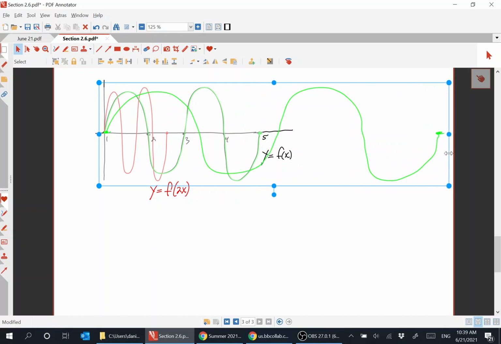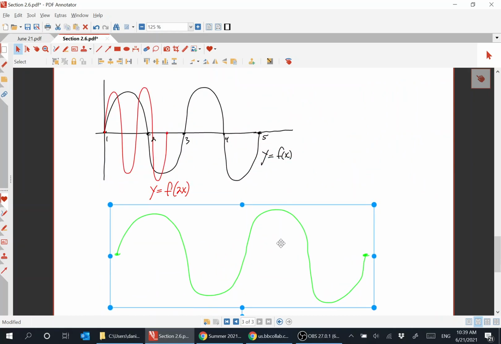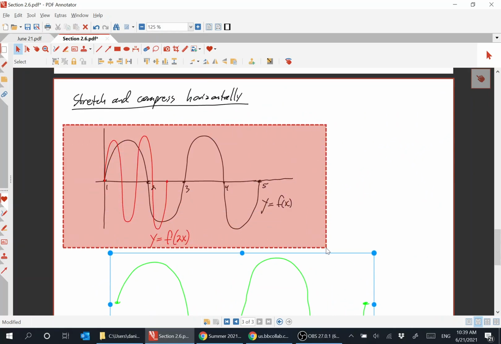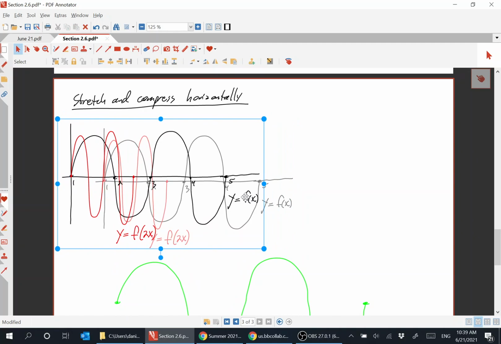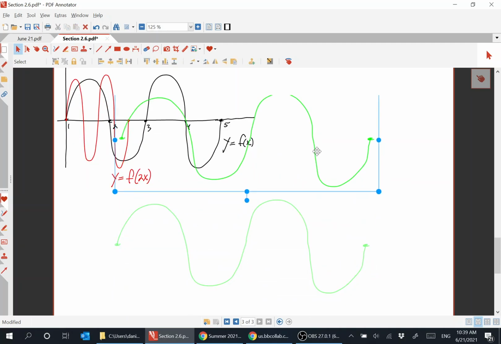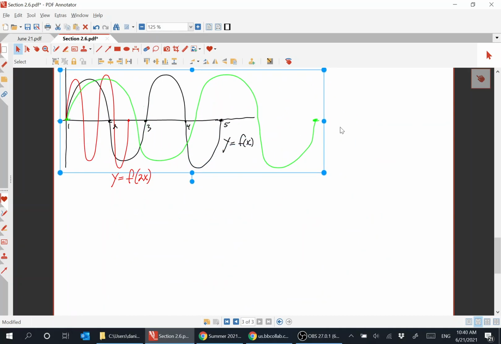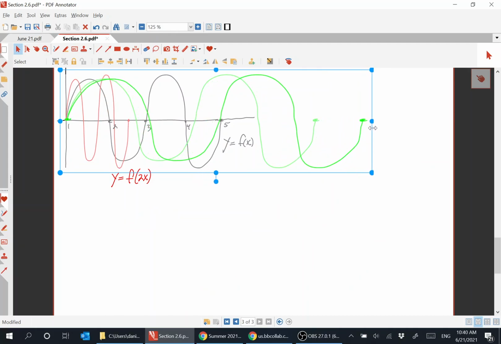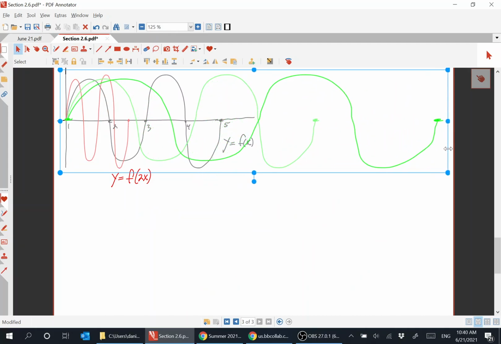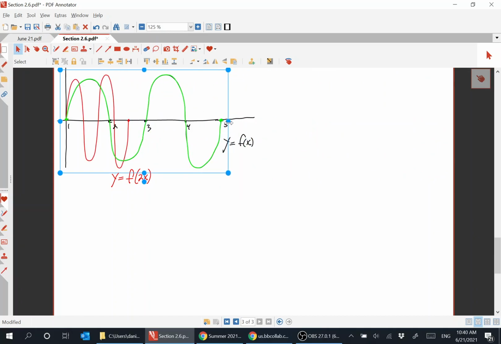Is it even going to fit? Let's try that again. Okay, so we can't go by that. Why don't we just make the whole picture smaller?